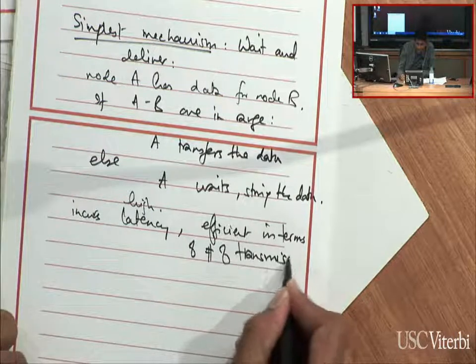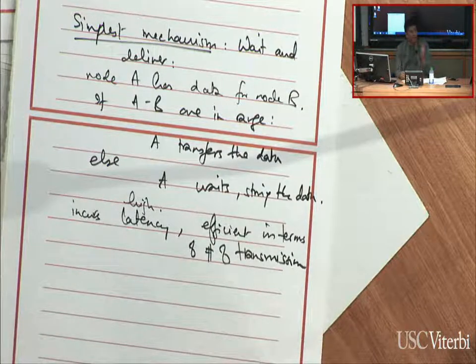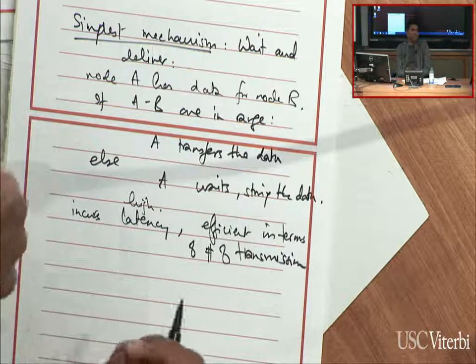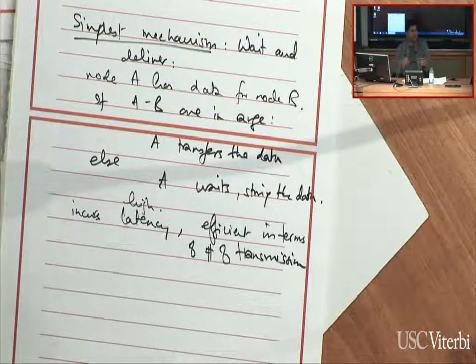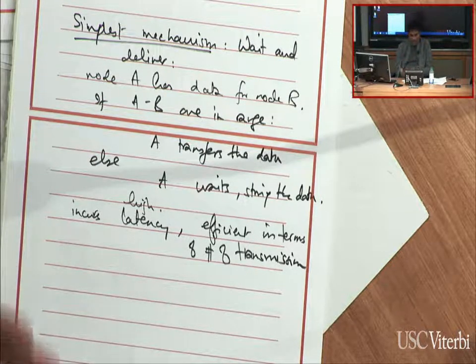Because you're waiting till you actually encounter the destination before you hand over the data, you're not expending one more transmission than you need. There is no relaying of traffic, no forwarding, no copying, no flooding, nothing. You just hand over the data. So it's as efficient as it gets as far as the number of transmissions required. Maybe energy matters; from that perspective, this is very good.